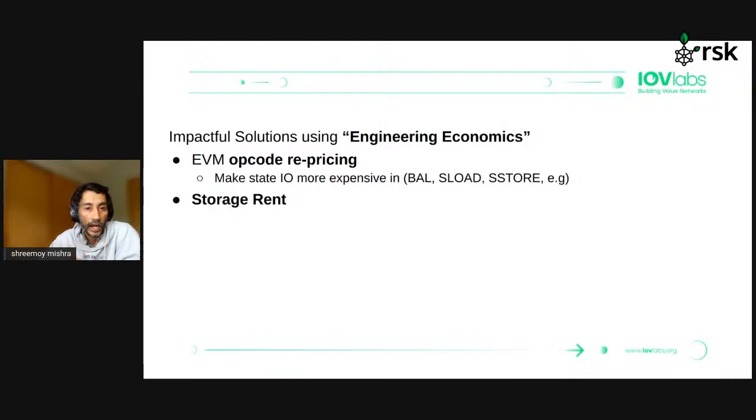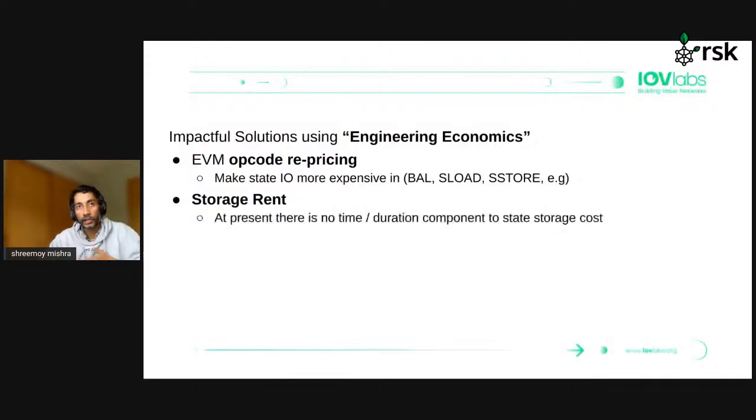The second approach is something called storage rent. And the novelty here is that in blockchain storage, the current paradigm is users store data in state, they pay once, and they store it forever. Right? There's no concept of paying for how long you store information.